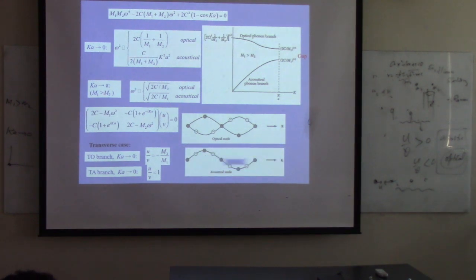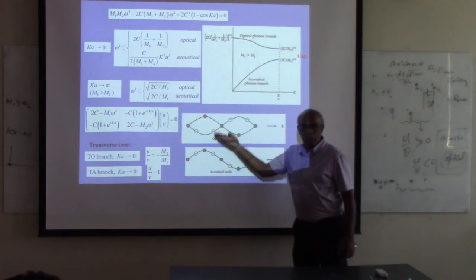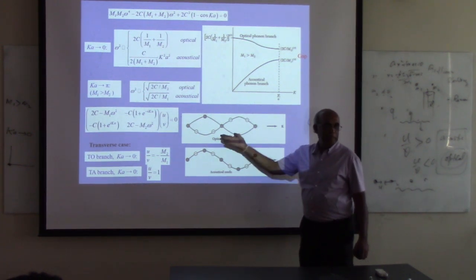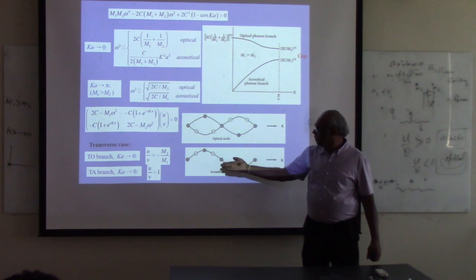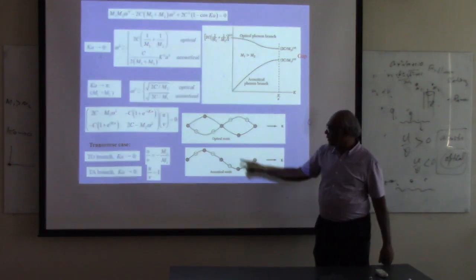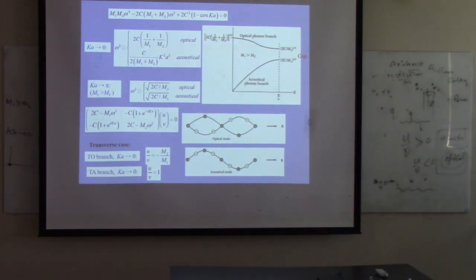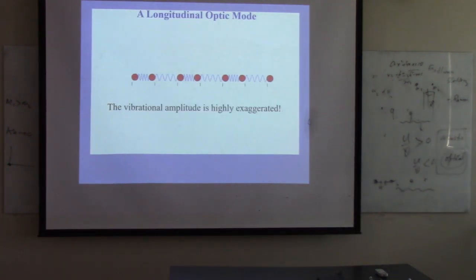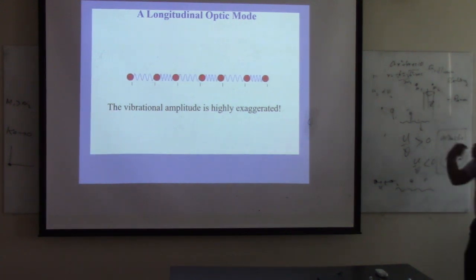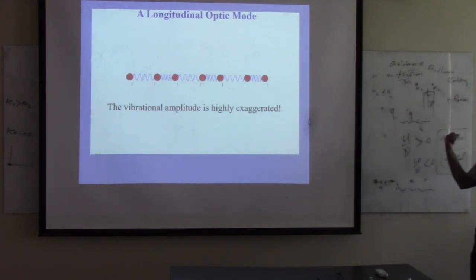So here, what is this mode? Again transverse, but both move in the same direction. That means it is transverse acoustic, because they are in the same direction, in phase. Okay, what is this one? They are going in opposite directions. That means optic, but longitudinal.